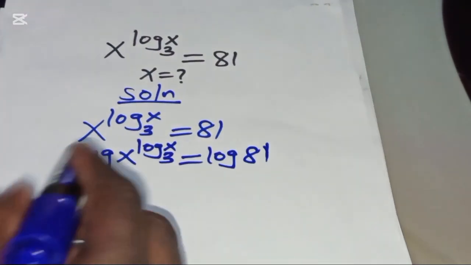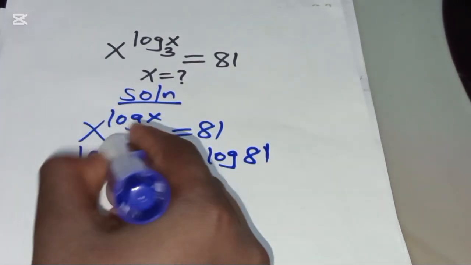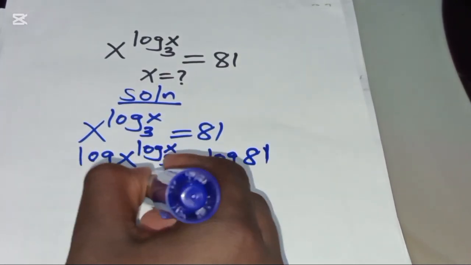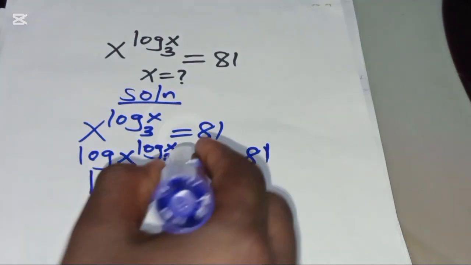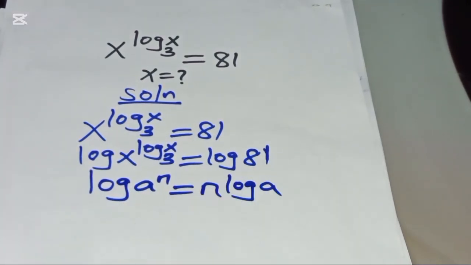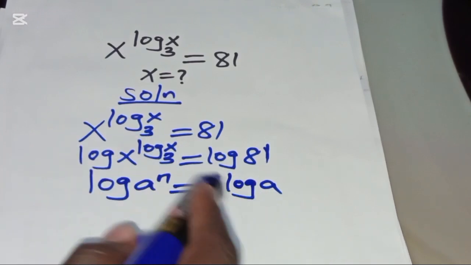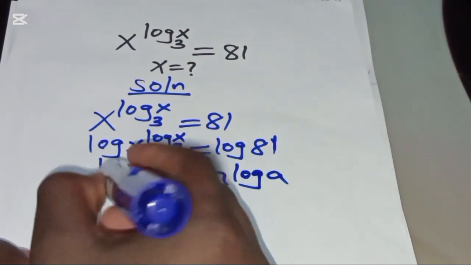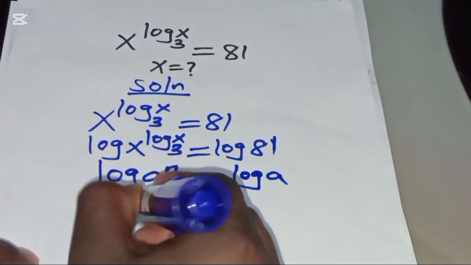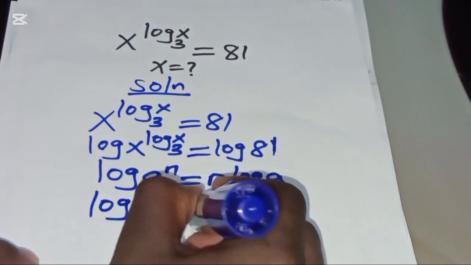Now from here, log x to the power of log x to base 3 is in the form of log a to the power n, which you can express as n log a. This is the power rule property of logarithm. Applying this property, we have log x to base 3 multiplied by log x, equal to log 81.